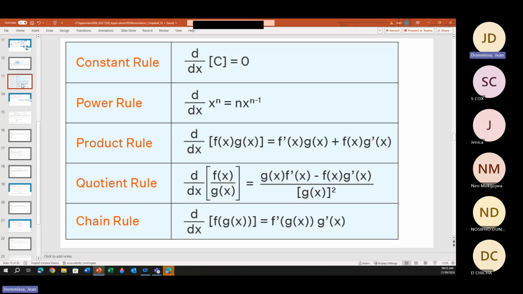Then I just recopied all of the formulas of last week, where we look at all the rules for differentiation. The top 3 are the ones that we use the most: the constant rule, the power rule, and the product rule.